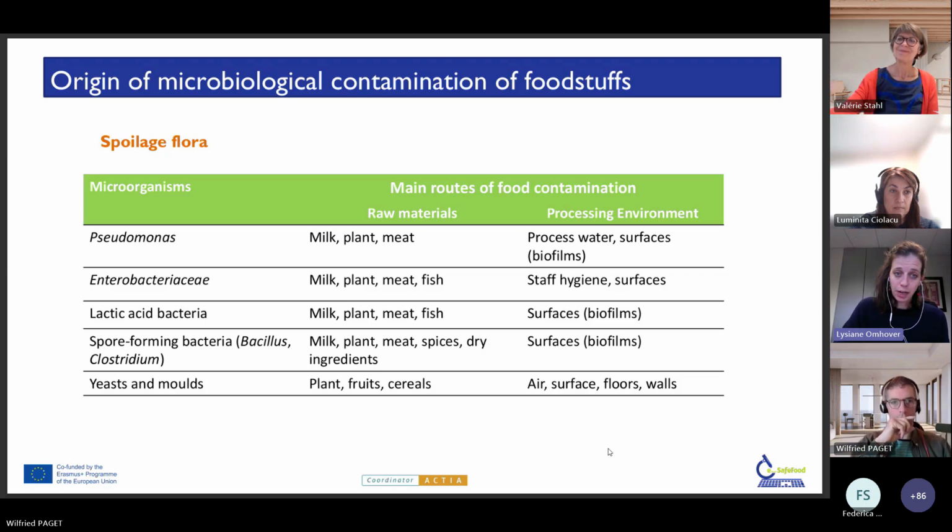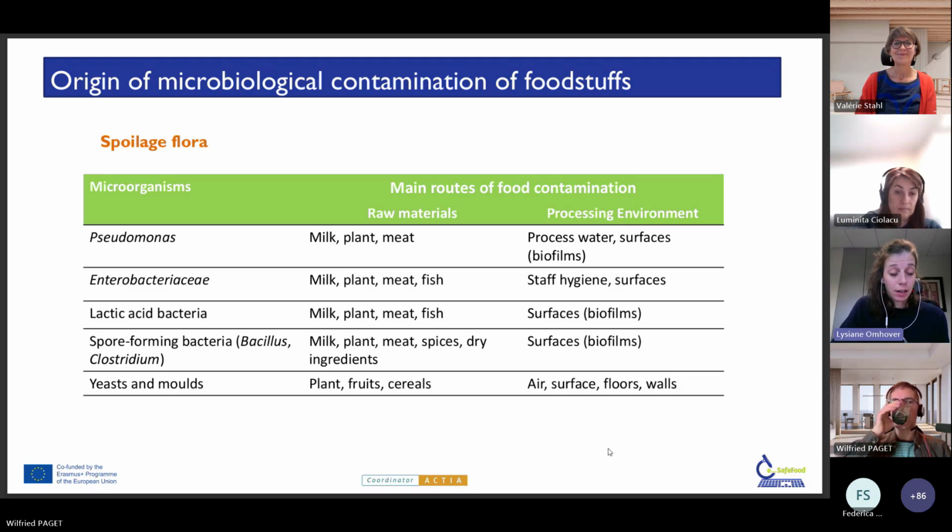Pseudomonas is mainly found in milk, in plants, or in meat, and it can also be found in process waters, surfaces, and specifically in biofilms. Enterobacteriaceae are also found in various raw materials, in milk, plants, meat, or fish. And these bacteria are mainly brought from staff or surfaces.